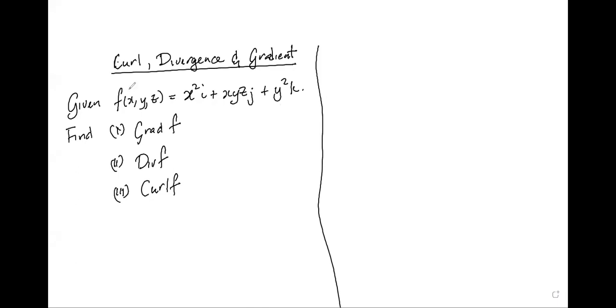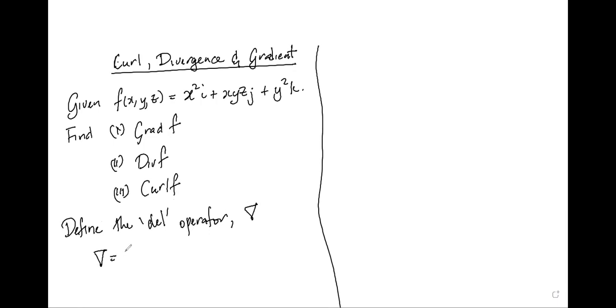All right, so first thing that we need to do is define the operator. So I'm going to define what I call a del operator. The del operator is an upside down triangle.